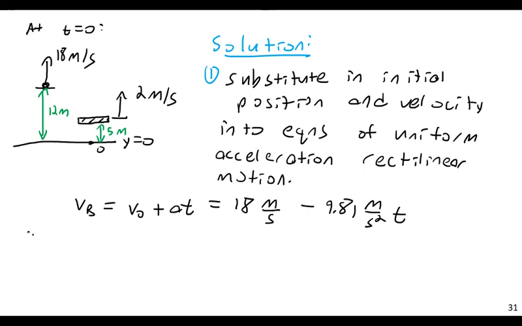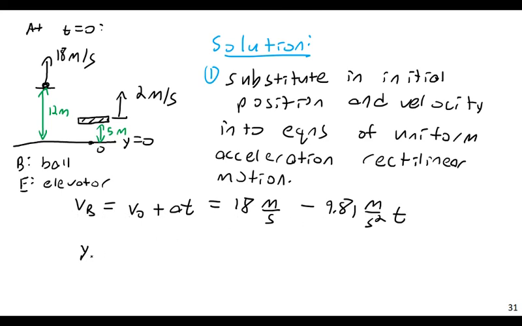Here I'm going to define two things: B is going to be the ball, and E is going to be the elevator. So this is the equation of the velocity of the ball at any given time.